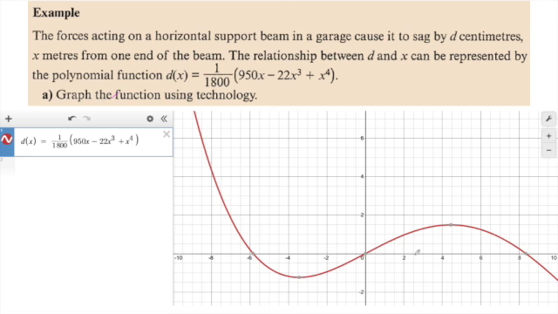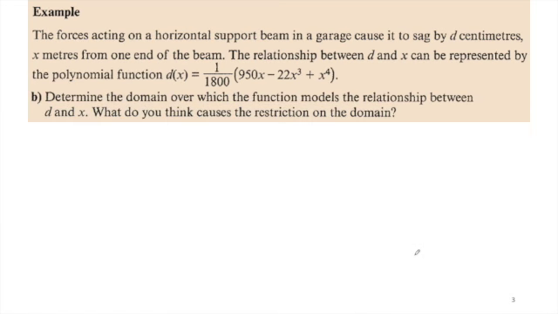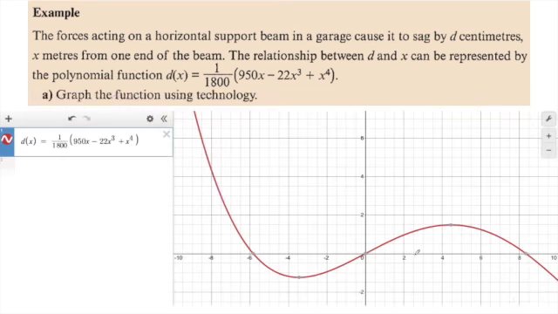Then for part B, it wants you to determine the domain over which the function models the relationship between d and x. And what do you think causes the restriction on the domain? Because you're looking at the forces acting on the support beam in the garage, causing it to sag from one end of the beam to the other, the relationship between d and x can be represented by the polynomial function.